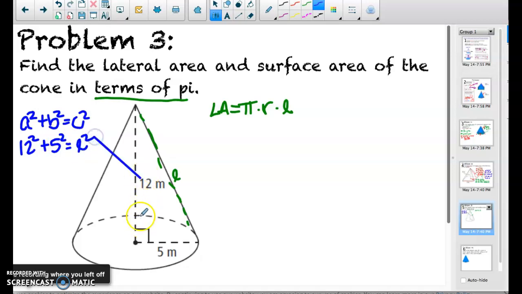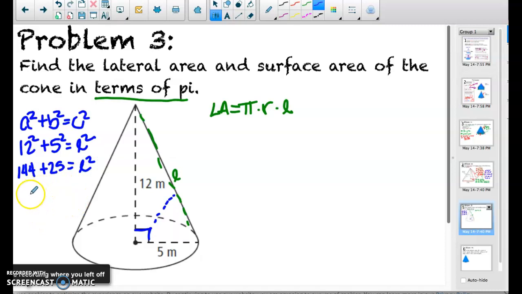Now this is always the c. The hypotenuse is always the c because it's opposite of the right angle. Whichever side is opposite of the right angle, that's going to be plugged in for the c in your Pythagorean theorem. So I end up with 144 plus 25 is equal to that slant height squared.